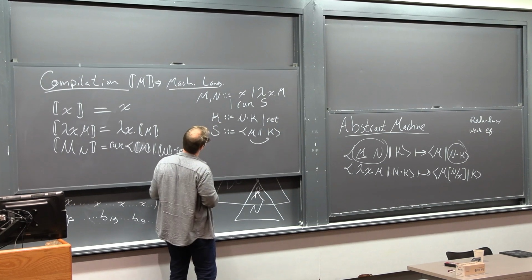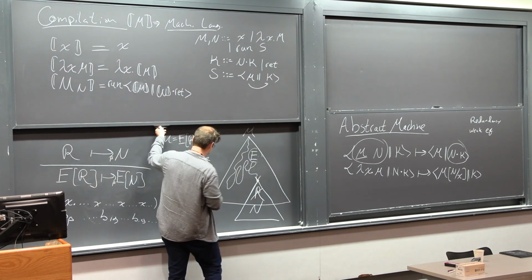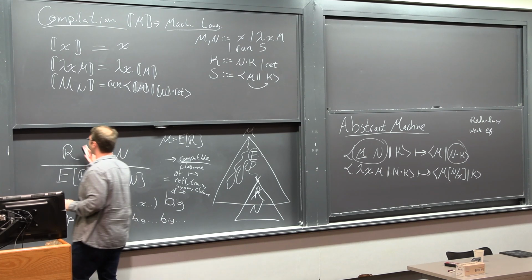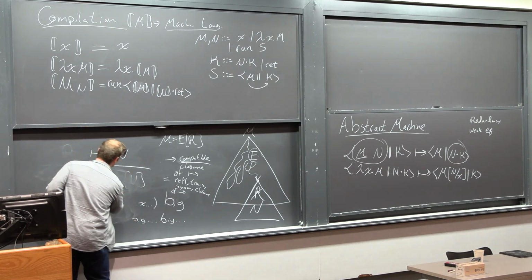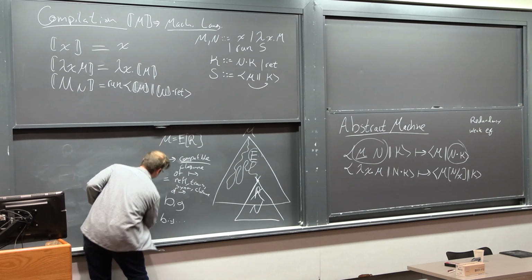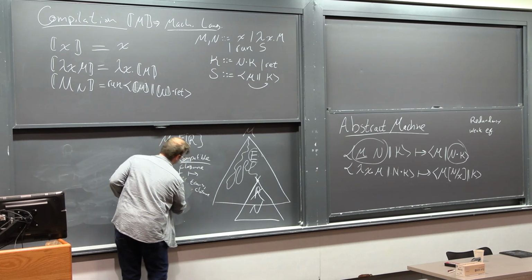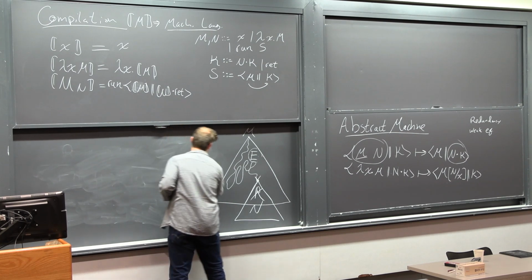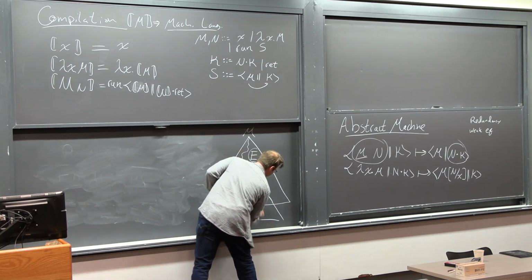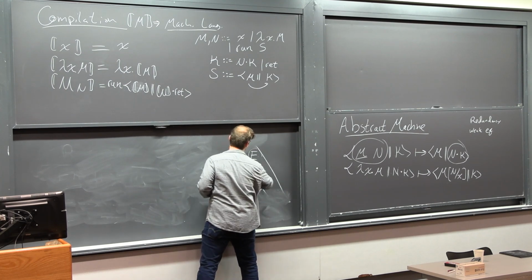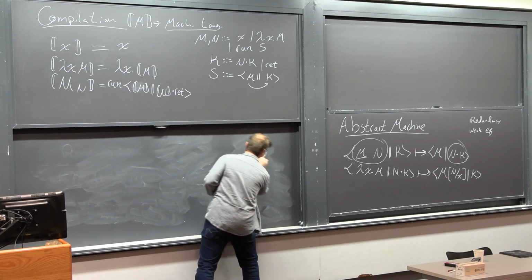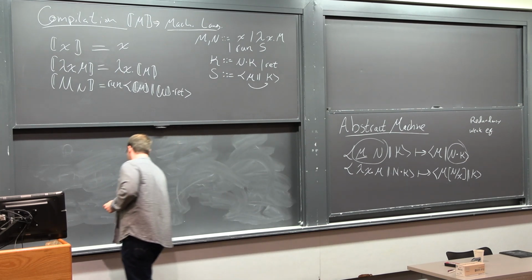So for example, what is a good example? I'm going to do the lambda calculus theoretician's favorite example, the most boring optimization in the world.